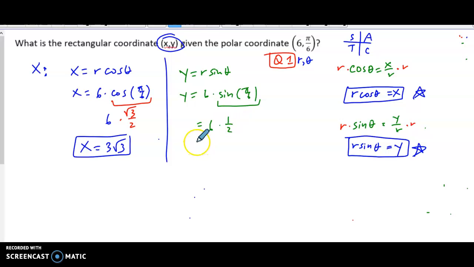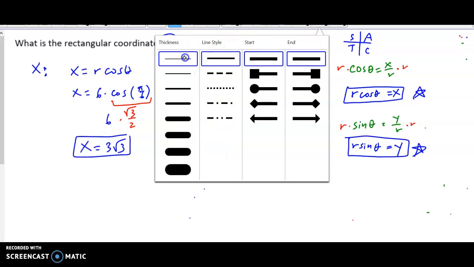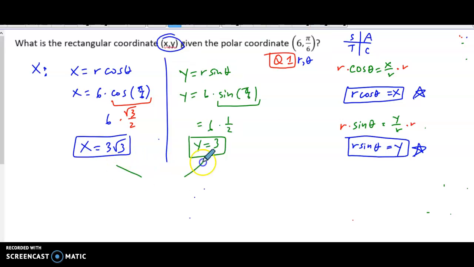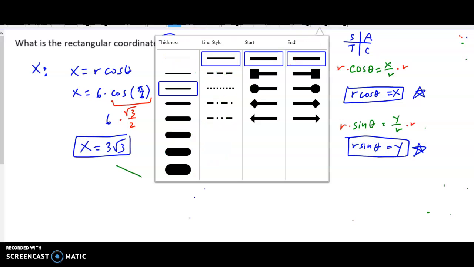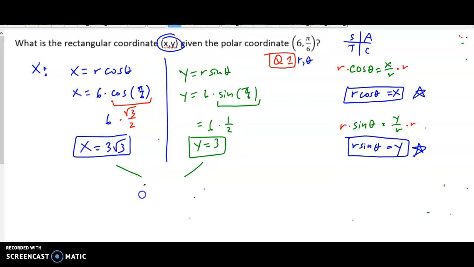And so y is equal to 3. So putting that all together, we have a rectangular coordinate of 3 root 3 comma 3. And when you look at that coordinate point, that's in quadrant 1, which is what we needed.